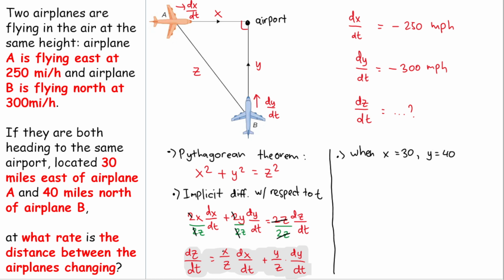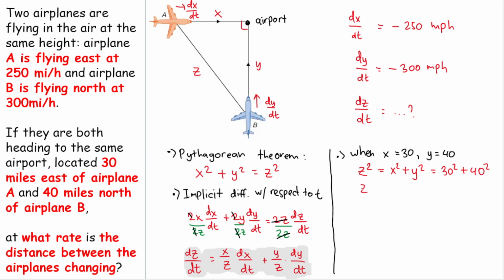What we don't have is z, but we can get z from z squared equal to x squared plus y squared, which is 30 squared plus 40 squared.